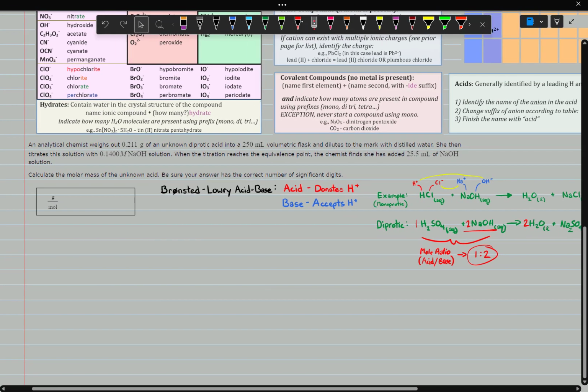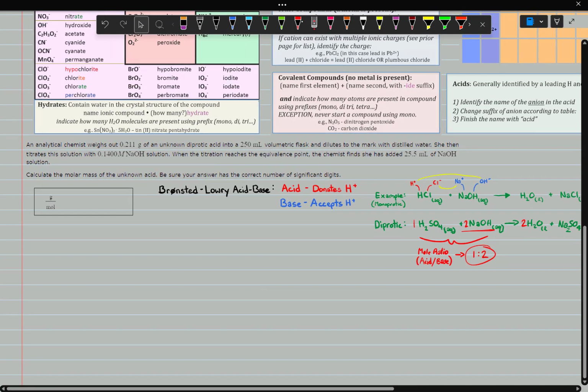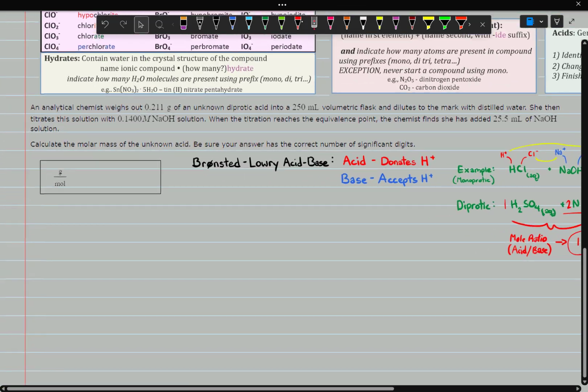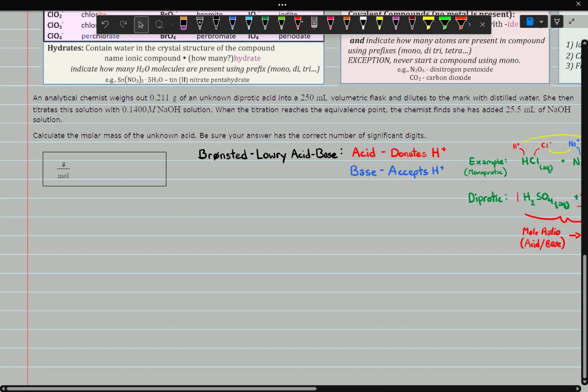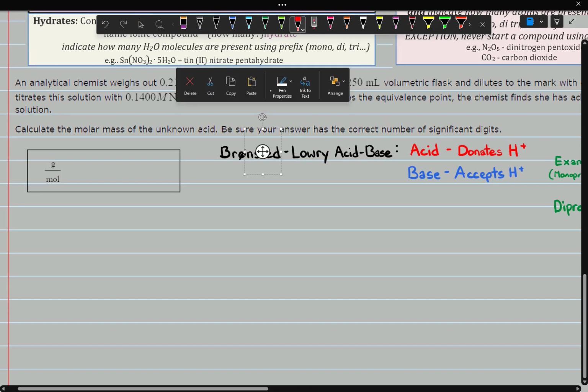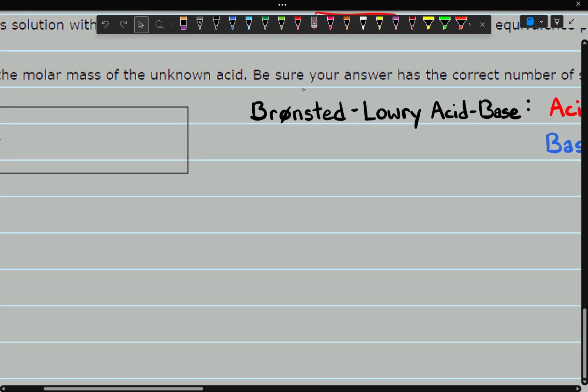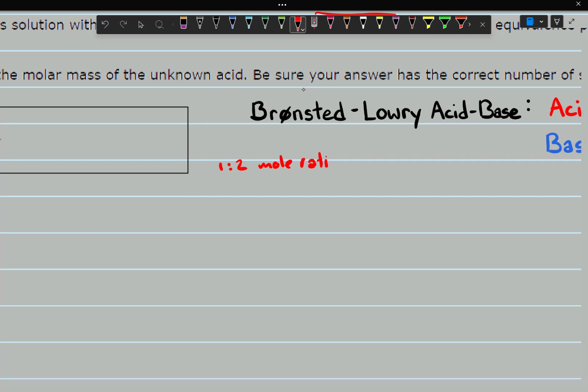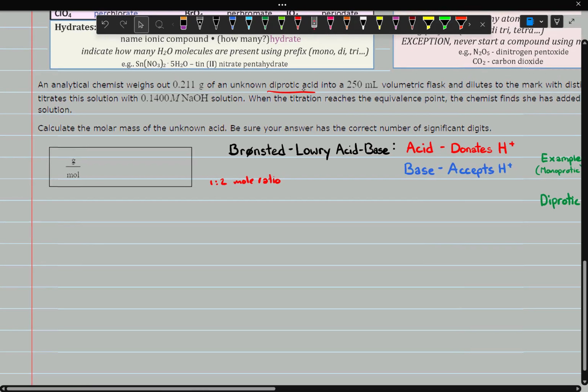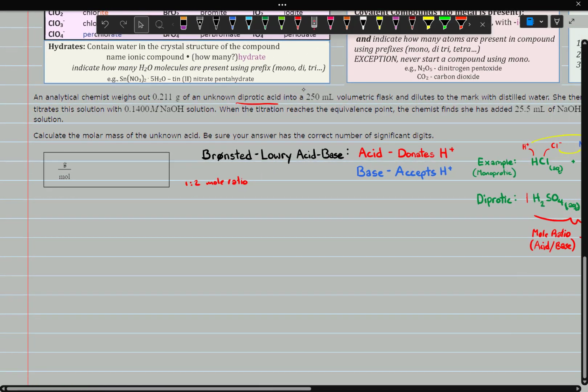Now, if that seems a little complicated to you, that's okay. All you need to remember, for all intents and purposes, is that when you have a diprotic acid, you have to remember to use this 1-to-2 mole ratio when solving. So let's see how that looks.